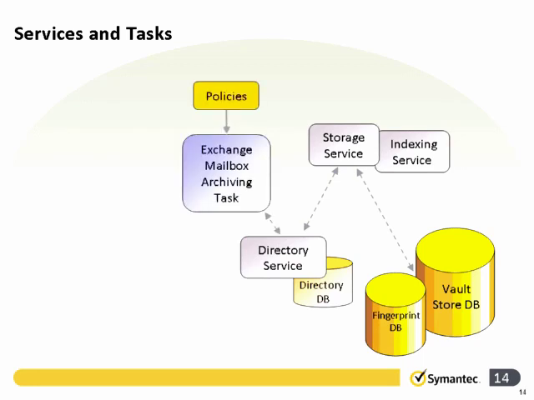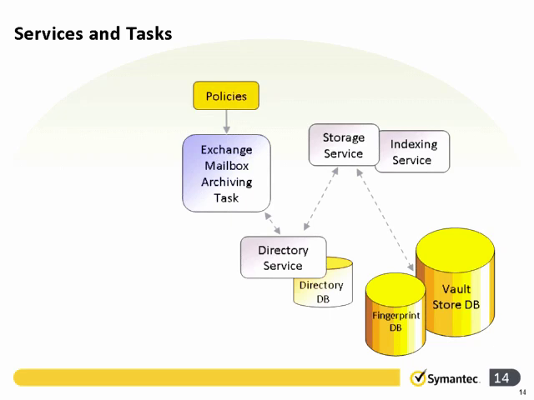And then to actually start setting up the rules that are associated with the mailbox archiving process, as well as to do the mailbox archiving runs, we're going to set up the Exchange mailbox archiving task. Now, the Exchange mailbox archiving task will be interacting with the directory service and the storage service to be able to find the various vaults and archives, as well as to determine which users are in which groups and which policies apply to those users.